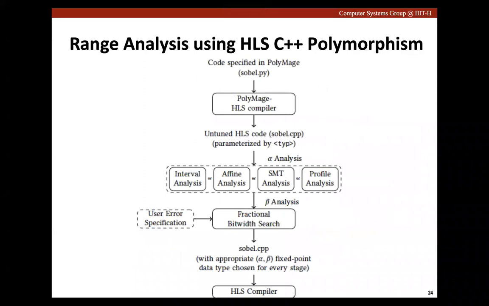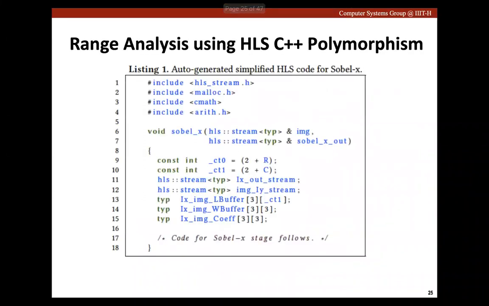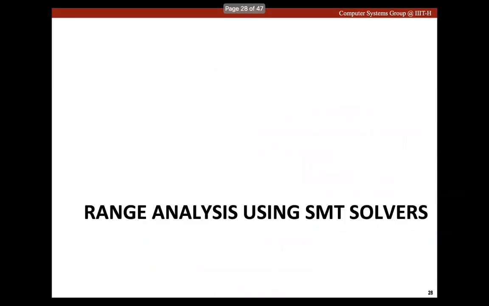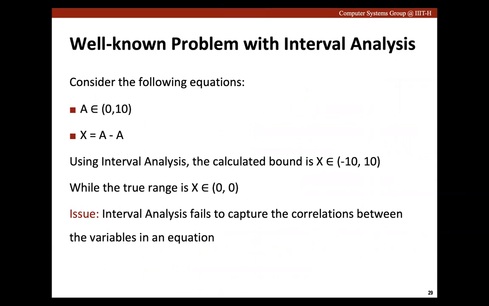Great. But what happens is, this range interval analysis has some problems. For example, in interval analysis, it will not be able to correlate. If we have an expression such as x is equal to a minus a, x is always equal to 0.